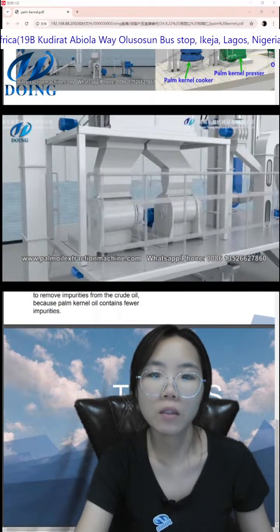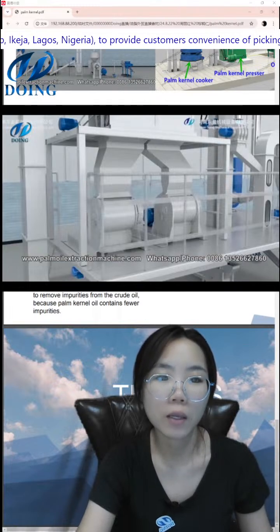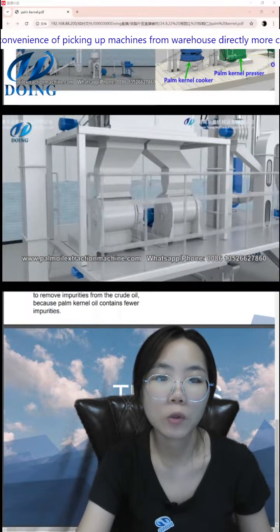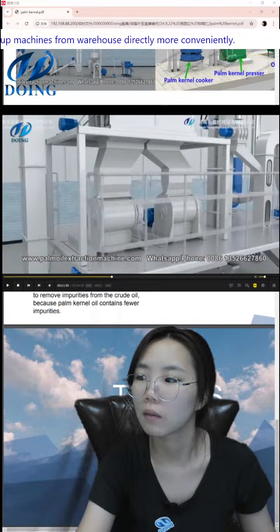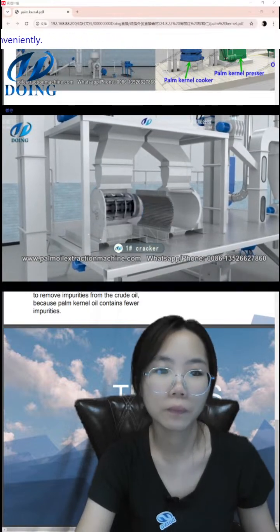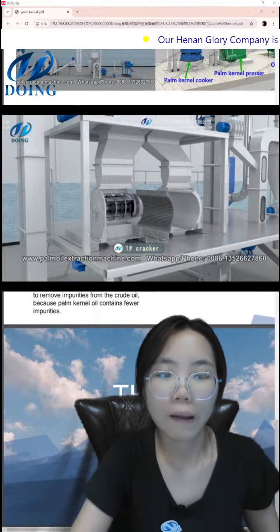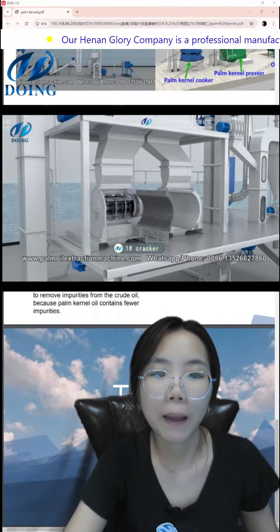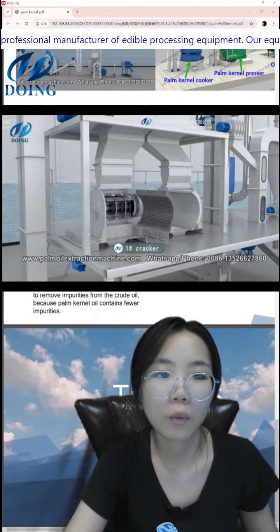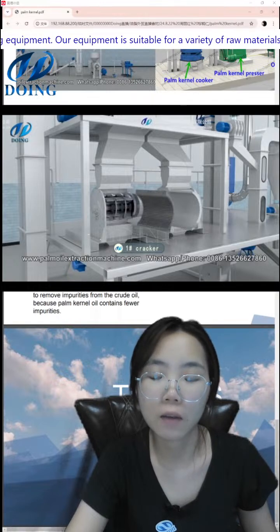And this machine is a cracking machine with 2 to 3 tons per hour processing capacity. By adjusting the gap between the rotor and the inner wheel of the machine, it achieves a good cracking efficiency.